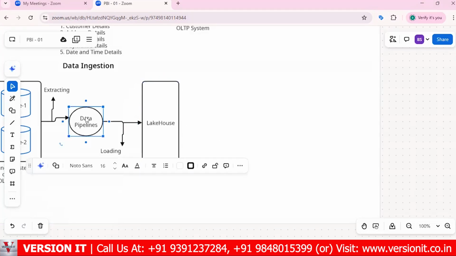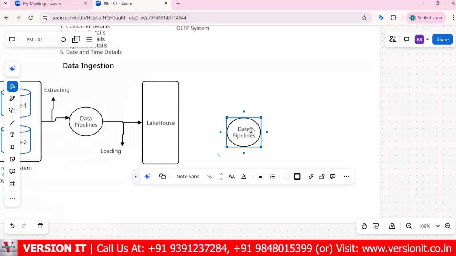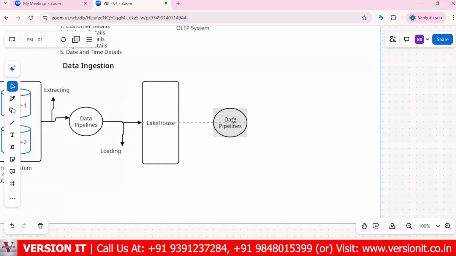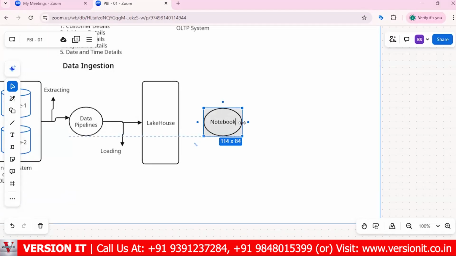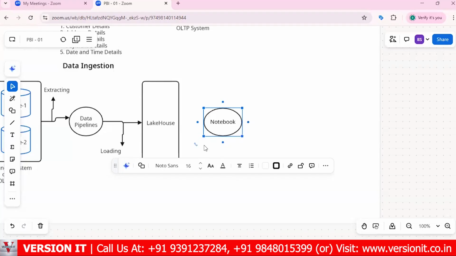Now, how we are going to do the data transformation here: the first part is the notebook. We are going to use the notebook in order to do the data transformation.